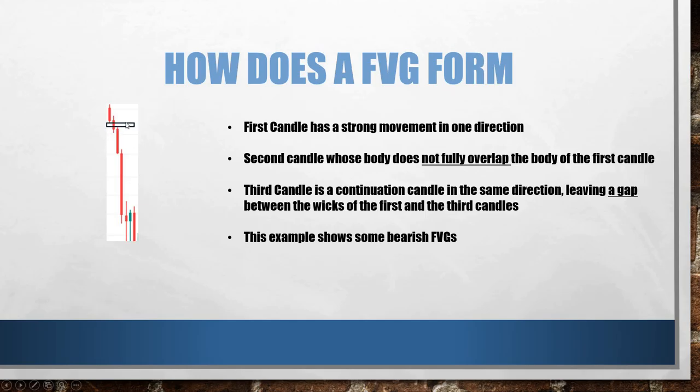Okay, so you'll have one gap here according to the definition, another gap here, still according to the definition: first candle down, second candle not overlapping with the first one, and a third candle continuing the move. And you also have a third fair value gap here that should be touching the wick here. It's just a mismatch, but you understand what I mean.